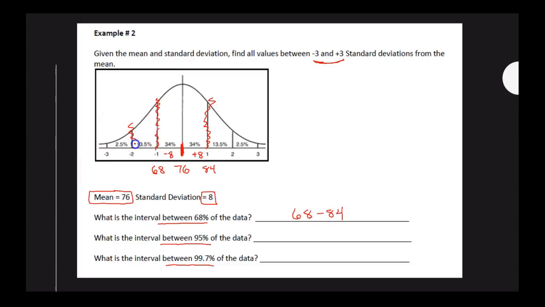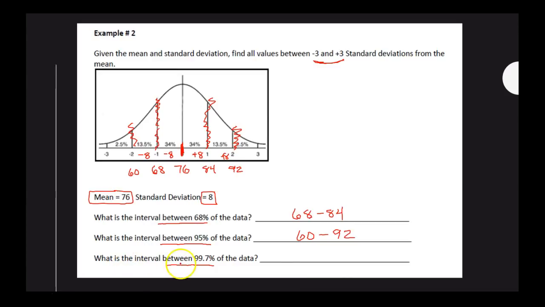Then for the next standard deviation, which would get us 95% of the data, we'll minus 8, getting us to 60. We'll add 8, getting us to 92. So that interval would be all the way from 60 to 92.